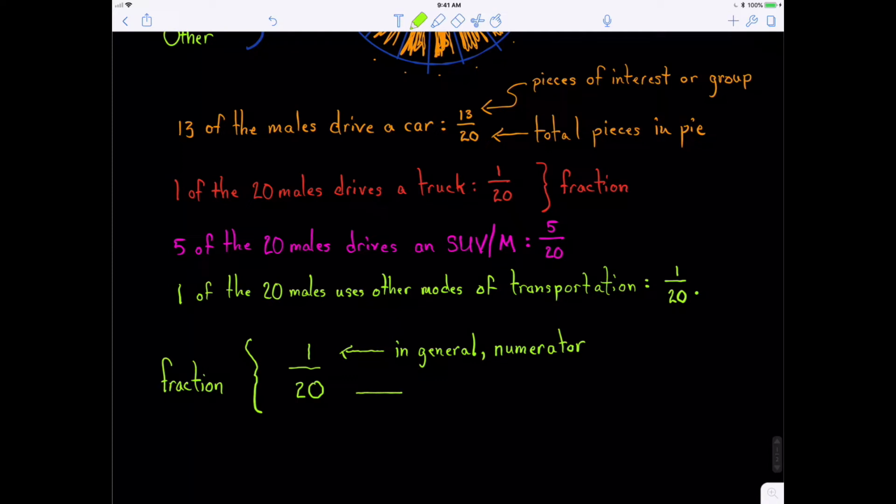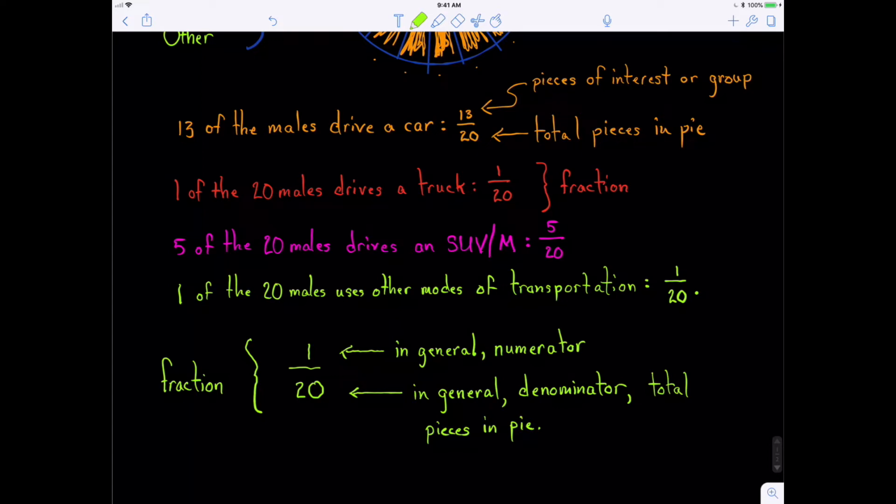And in general, the number in the bottom, we call this number the denominator. And remember, the denominator is simply the total number of pieces in the pie. So we'll even write that: denominator is total pieces in pie.